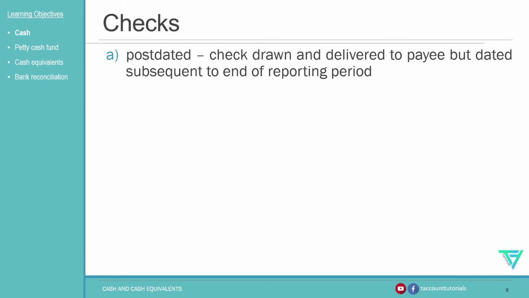So, what will be the accounting treatment of the post-dated check? It depends if the post-dated check is a company check or a customer check. If it's a company check, it is restored to cash in bank. Take note, it is restored. Meaning, upon drawing this check, it is already recorded as a disbursement.